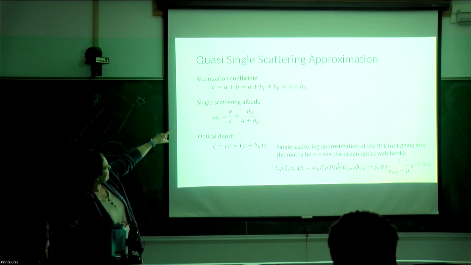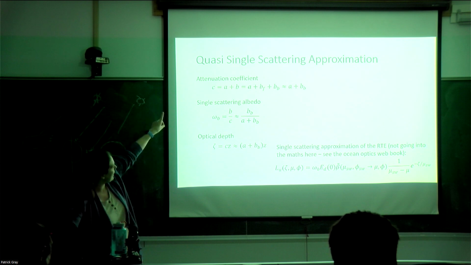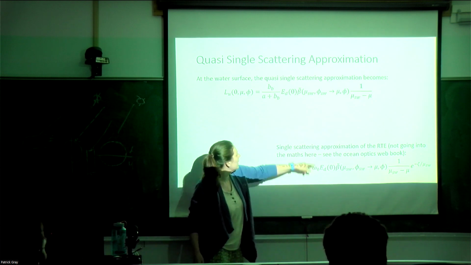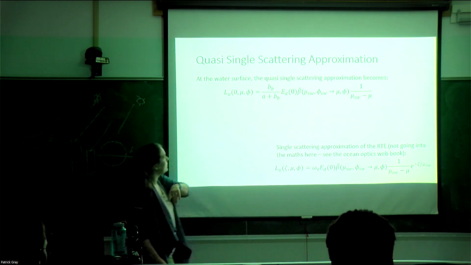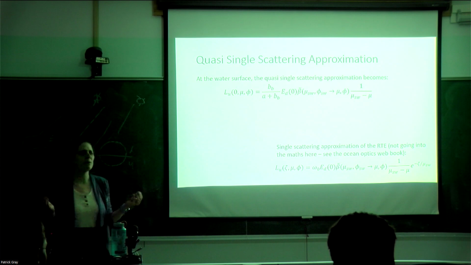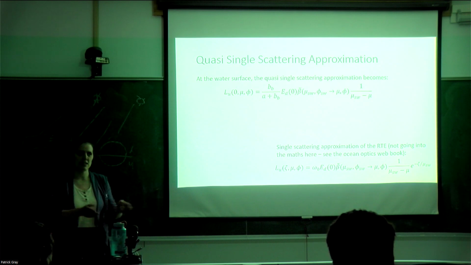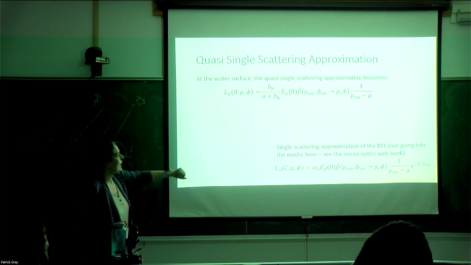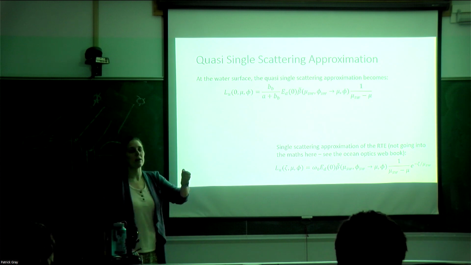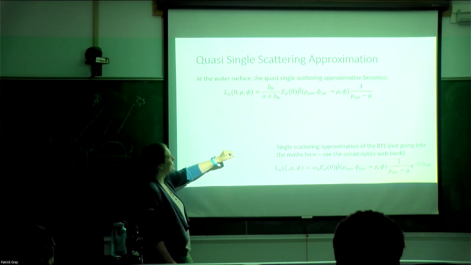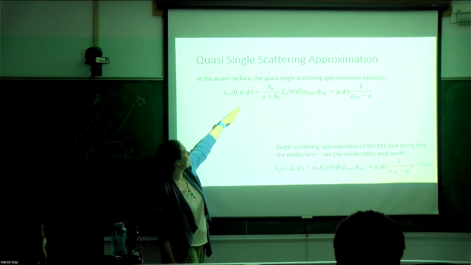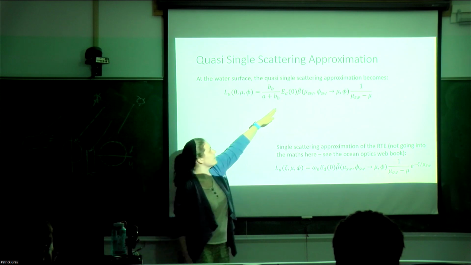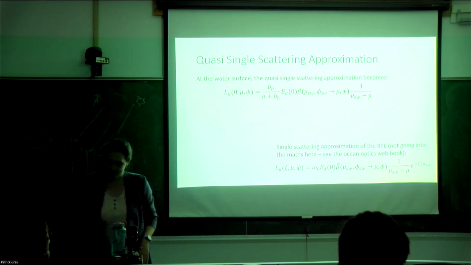And so what if we substitute some of these assumptions into it, namely here, we get this bb over a plus bb. And have we learned about remote sensing reflectance yet? So this is going to be the first time. You're going to learn more about remote sensing reflectance. But remote sensing reflectance is described by the upwelling radiance divided by the downwelling irradiance.